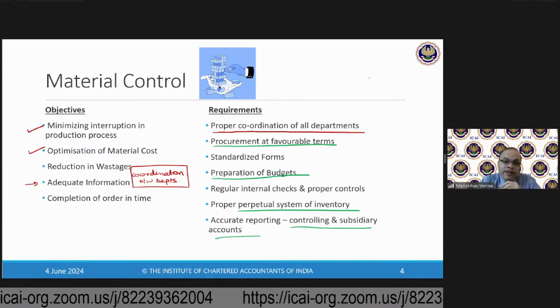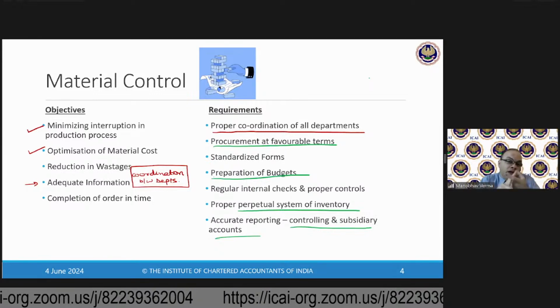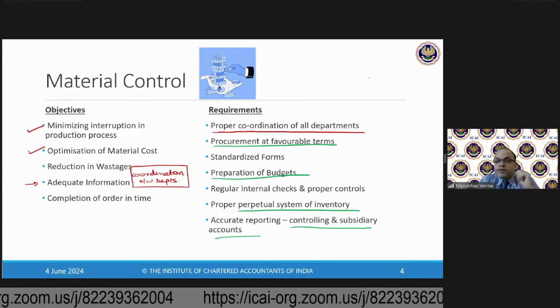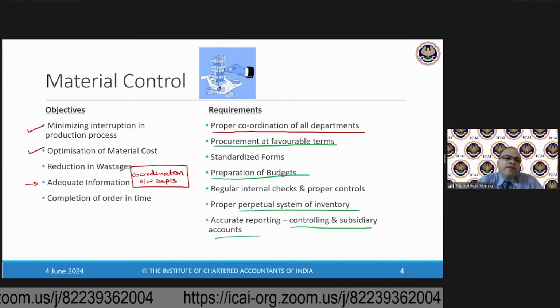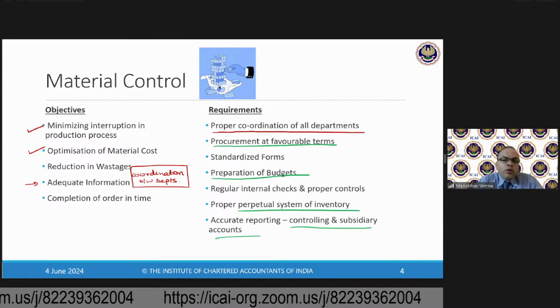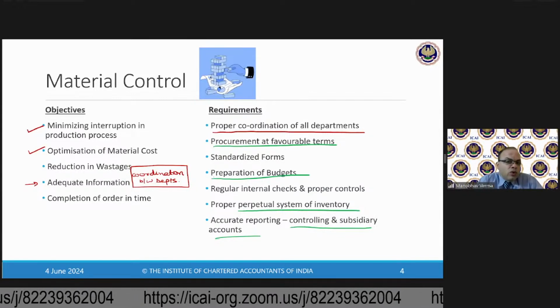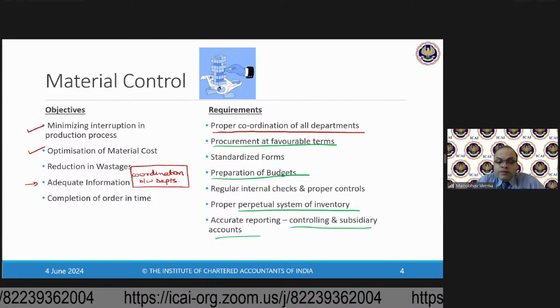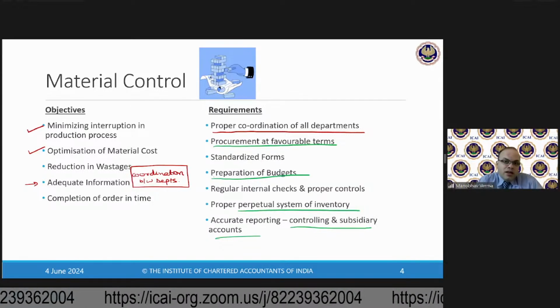Although we are not discussing accounting here, I will touch base on how that link happens. So I hope everyone understands the overall objectives of material control, and what my requirements are to achieve that.